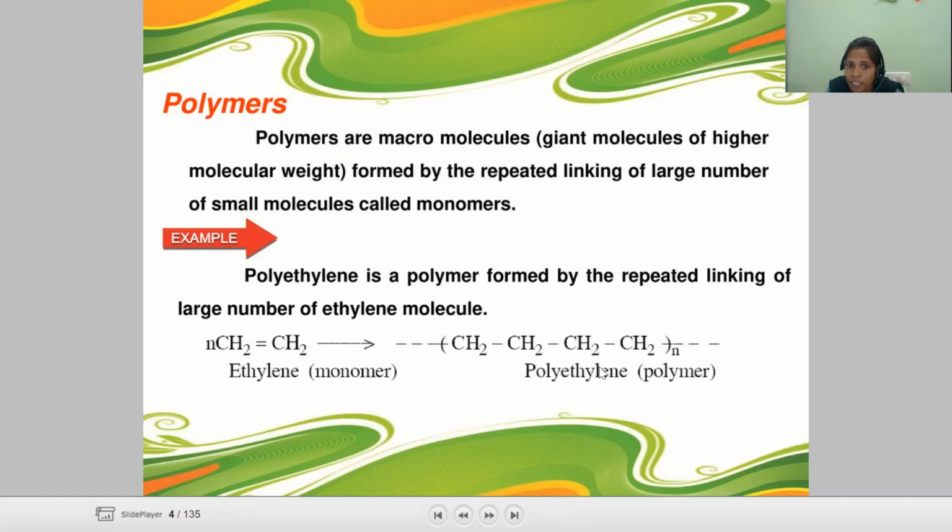This polymer is polyethylene. So this is the example of polyethylene formation. Just observe here, the double bond is converted to a single bond in this example. I will explain later why the double bond converts to a single bond. This is one of the best examples of polyethylene, the polymer.